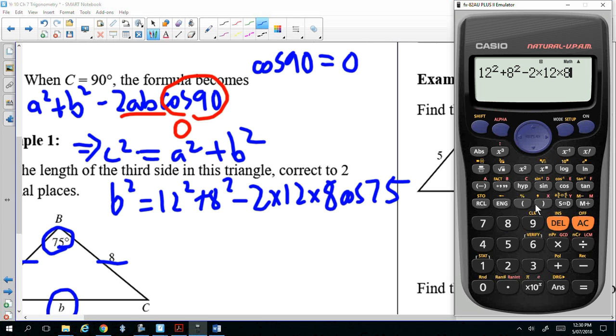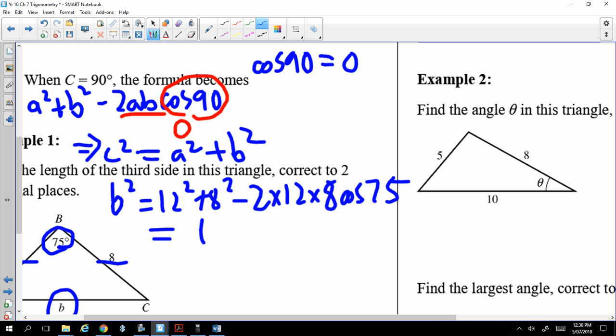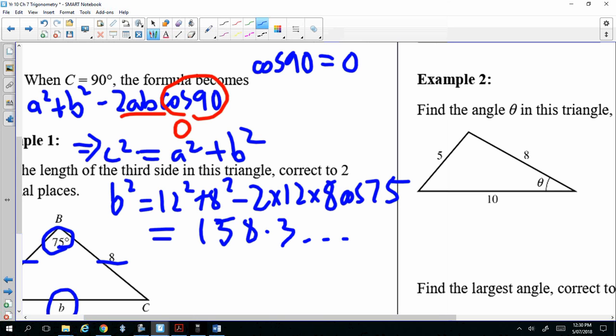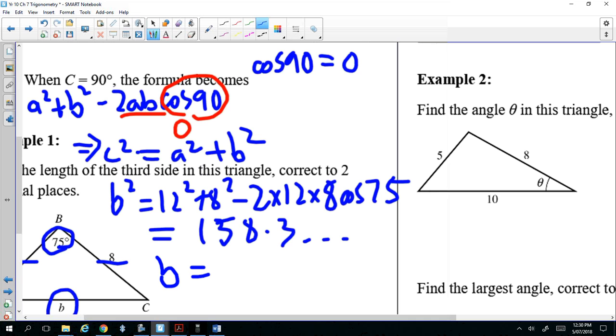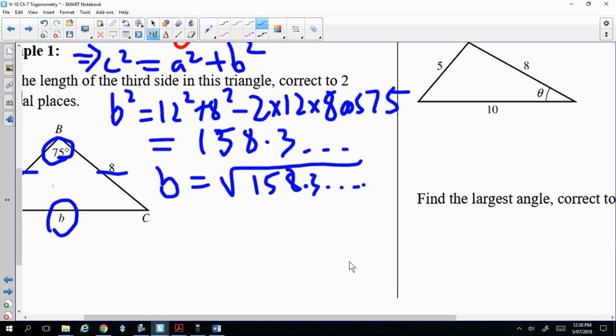You get this: 158.3 dot dot dot. And like Pythagoras' theorem, you have to square root your answer to get 12.58, to 2 decimal places. Any question?